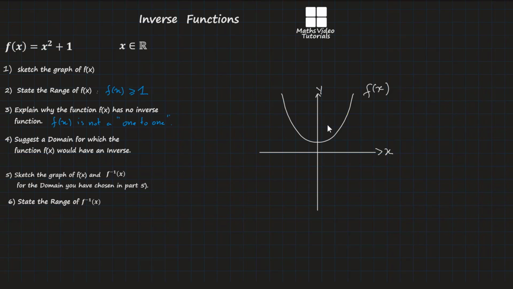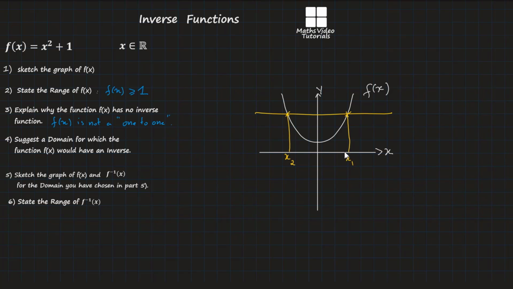If I draw a horizontal line across my graph, you can see my graph is intersected at these 2 points here. This point projected onto the x-axis will give me x1. This one gives me another point, we call it x2 if we want.